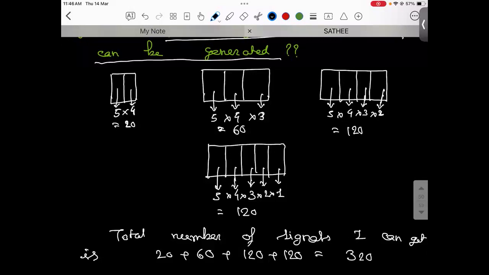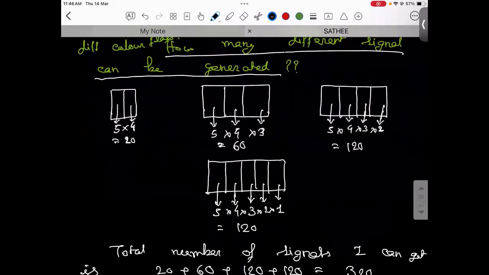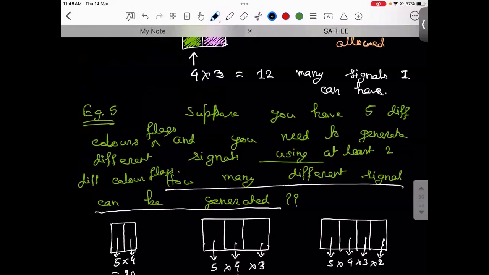Okay, so this is the total number of signals I can generate from the different colored flags.